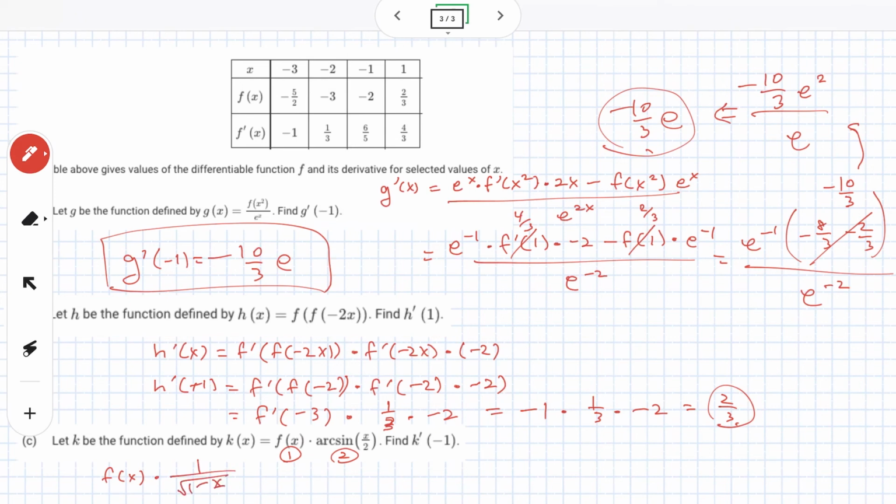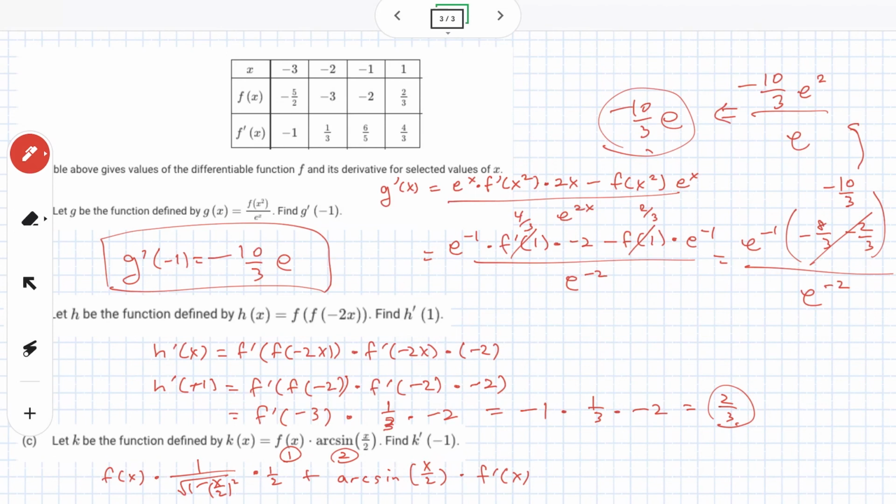Let k be the, okay, find k prime. So first times derivative of the second plus second times derivative of the first. So first times derivative of the second, 1 over square root of 1 minus (x over 2) squared times 1/2 because of the chain rule, plus the second times the derivative of the first, which is f prime of x. So now what we got to do is just plug in k prime of negative 1.